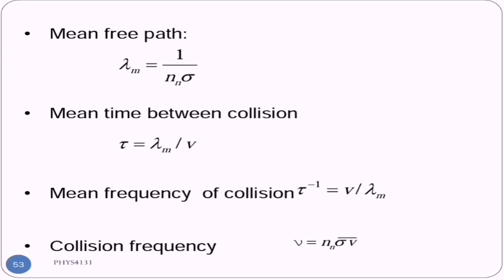If we now average over particles of all velocities v in a Maxwellian distribution, we have the collision frequency nu, which is equal to n sigma v.